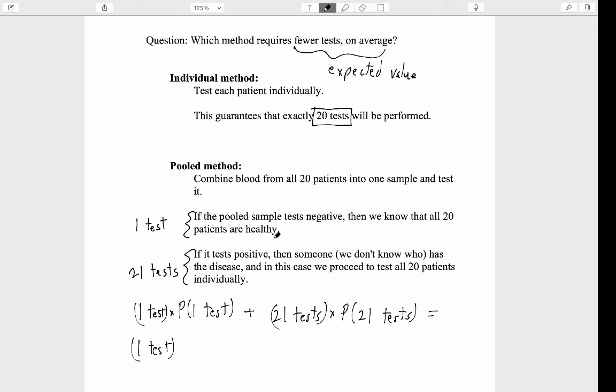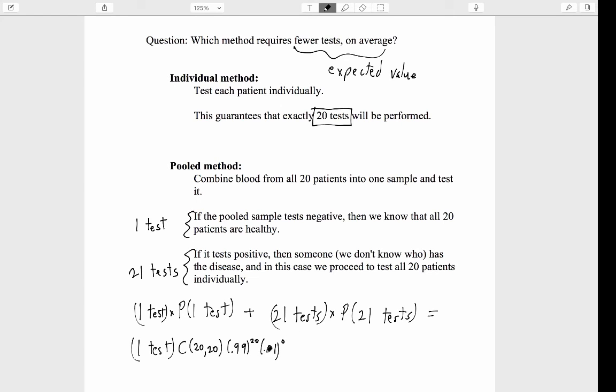We said that each person has a 0.01 chance of having the disease, and therefore a 0.99 probability of not having the disease. So we're computing 20 choose 20, so the probability that there are 20 people who are healthy, times 0.99 raised to the 20, times 0.01 raised to the 0.